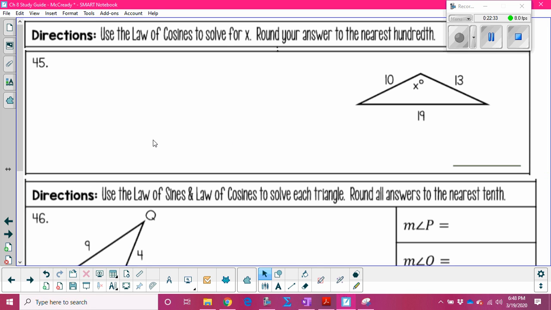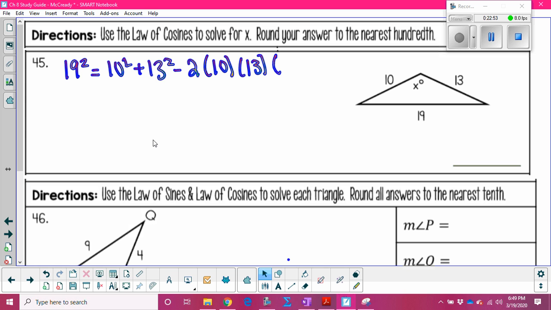So we want to do 19 squared equals the sum of those other two sides squared, so 10 squared plus 13 squared, minus 2 times those sides times the cosine of x degrees.